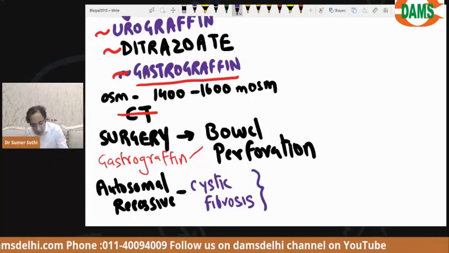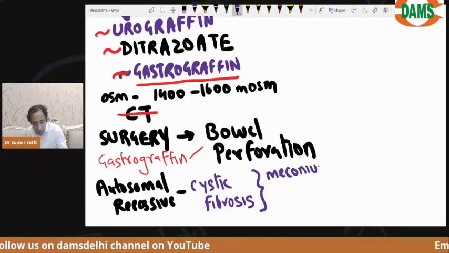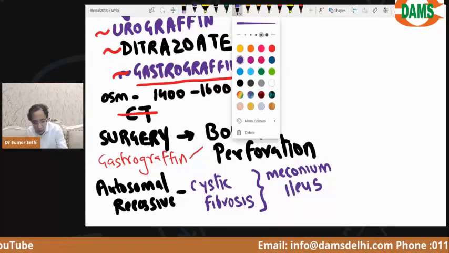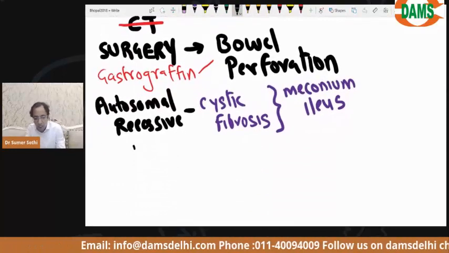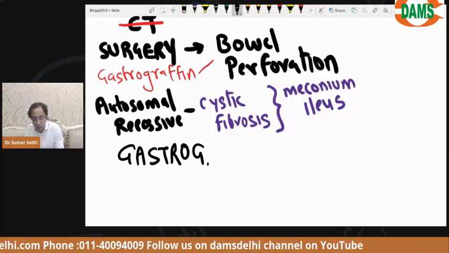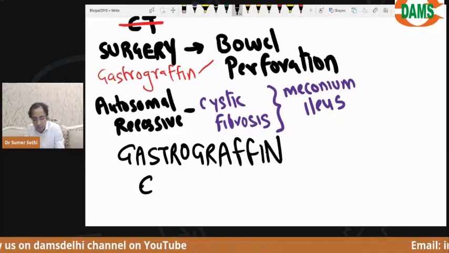Because of that thick meconium, he may develop meconium ileus. He may develop bowel obstruction. So did they teach you either in pediatrics or in surgery that in meconium ileus we give a gastrografin enema?